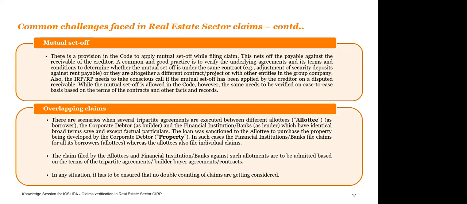Now it can also happen that, suppose in a flat of 1 crore, the home buyer has given 10%, 10 lakhs, and 90 lakhs has been funded through a home loan. In that case, we can take both of their claims, but we have to ensure that only the respective portion of investment is admitted for each of them, so that it does not add up to a duplicate claim.